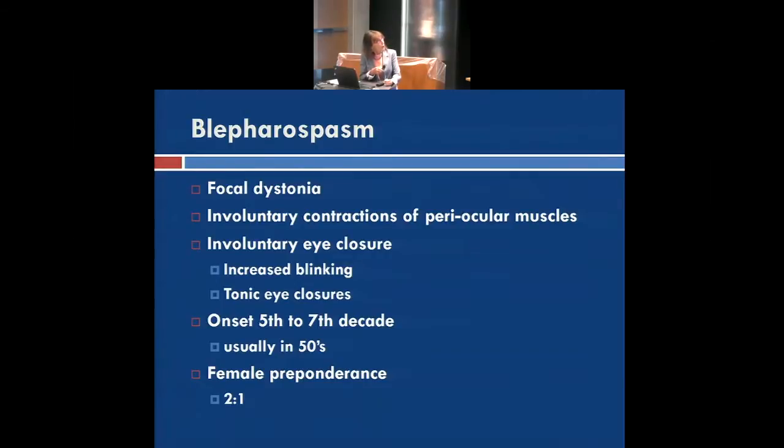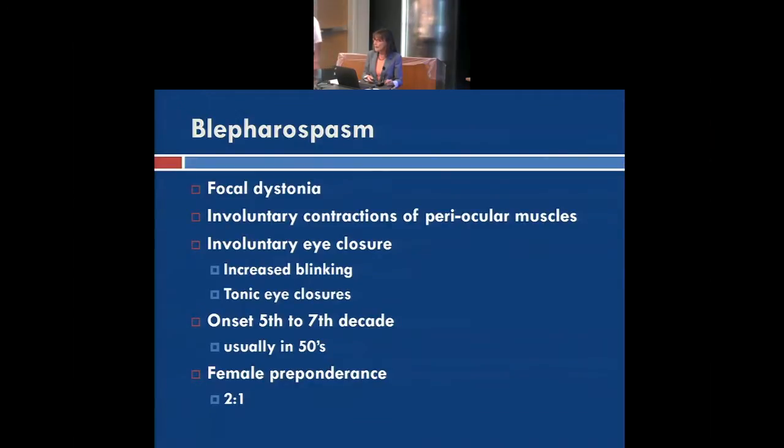Some people have tonic eye closures, so the eyes squeeze shut. Some people have combinations of the two. There will be blinking and then tonic closure as well. The onset typically is in the 5th to 7th decade, so usually in the 50s. And there is a female preponderance that is estimated to be about 2 to 1.